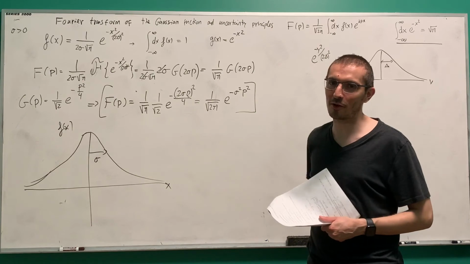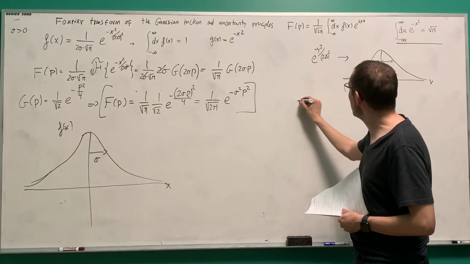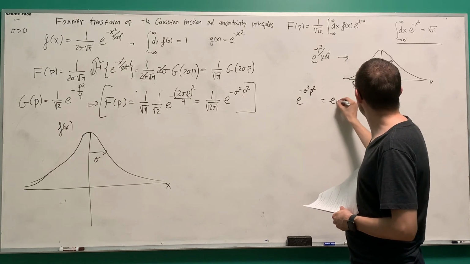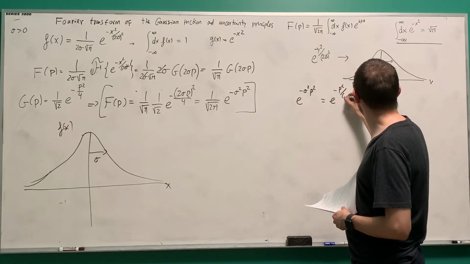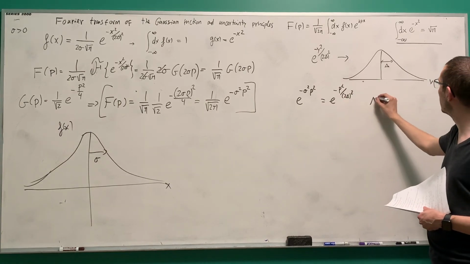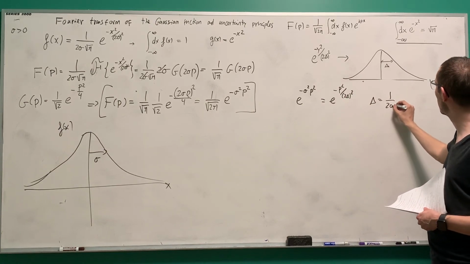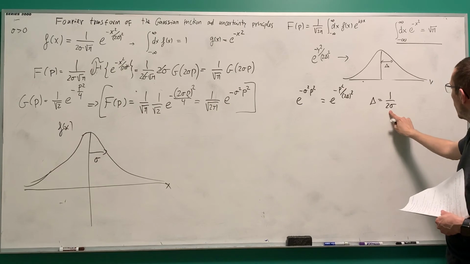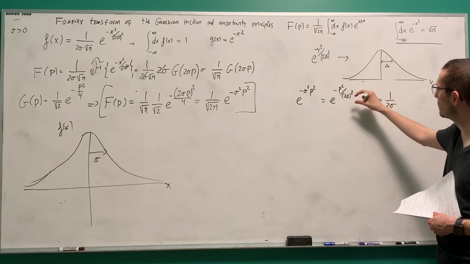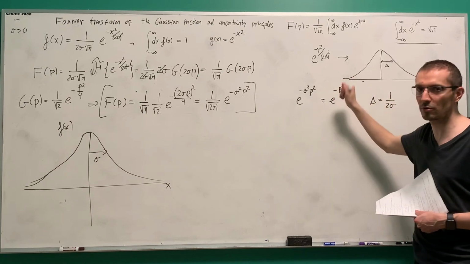All right, that's the Gaussian with respect to x. Let's see what is the Gaussian with respect to p. So if we write e to the minus sigma squared p squared as e to the minus p squared divided by 2 delta squared to know the width, we realize that delta is equal to 1 over 2 sigma, right? If you substitute 1 over 2 sigma in here, the 2 cancels the 2, and the sigma is 1 over sigma over 1 over, which goes to the numerator.